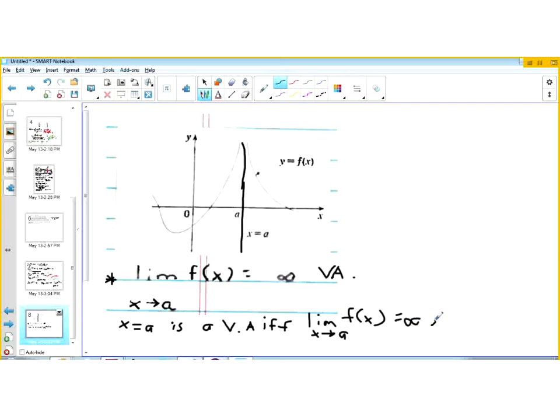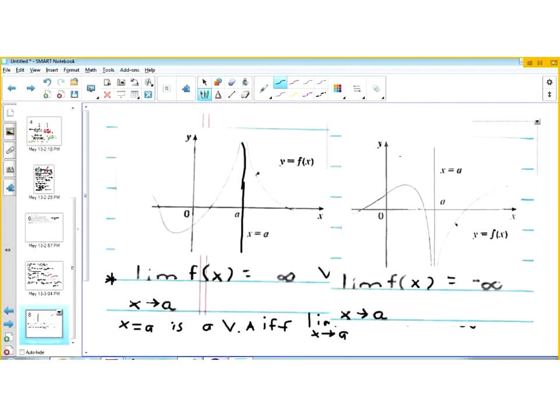That's the definition. Or minus infinity. Okay, so that is how you define a vertical asymptote. Let me show you the minus infinity case. Here's the minus infinity case.